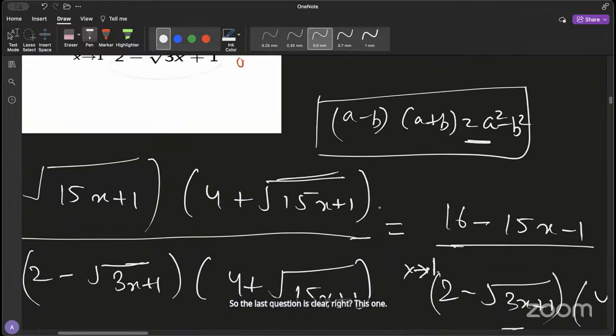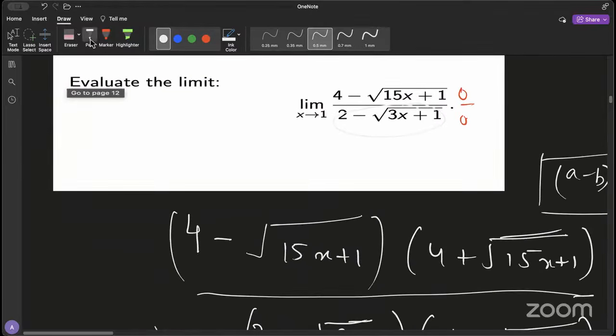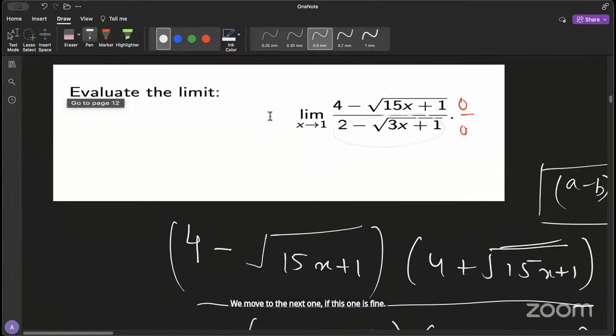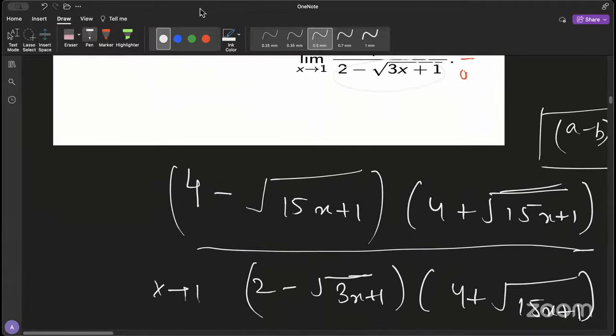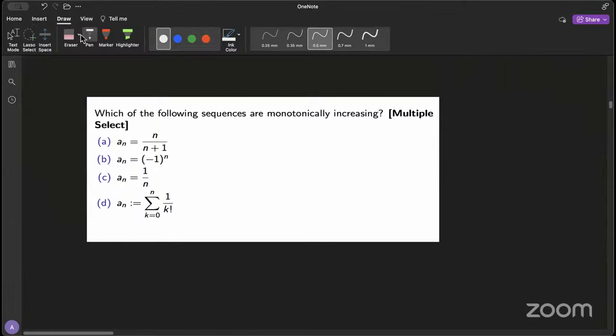This one. We move to the next one if this one is fine. Try this question.